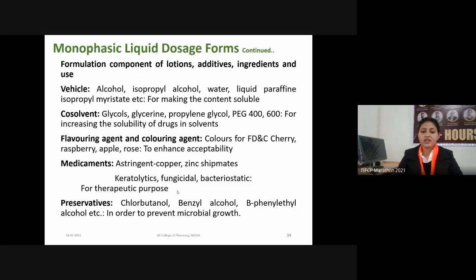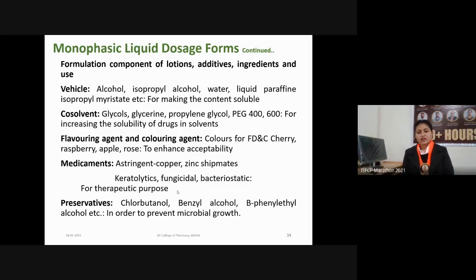These flavoring and coloring agents help in enhancing the acceptability of a particular lotion. This coloring agent will improve the appearance of the lotion, and these flavoring agents will make those lotions acceptable.